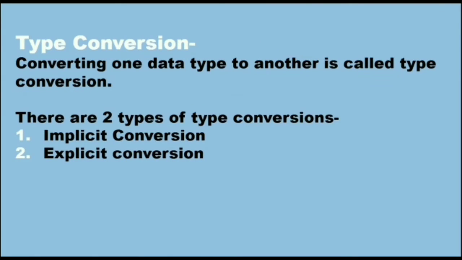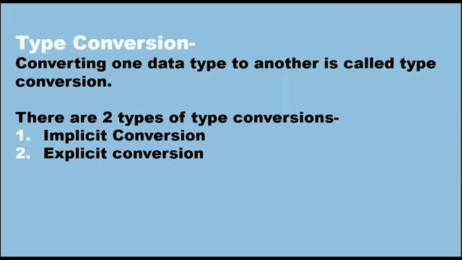Coming up to another topic, that is type conversion. Type conversion means converting one data type to another data type. Now the question arises, what is the need of converting one data type to another? The exact reason is that many a time an expression contains more than one type of operands.